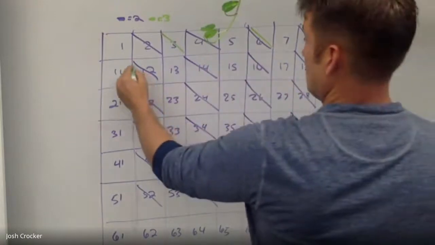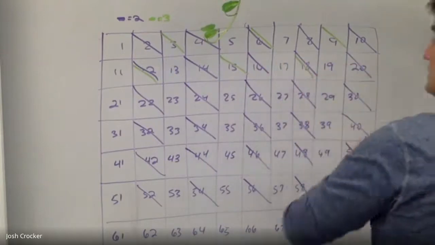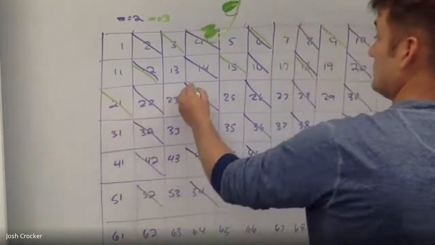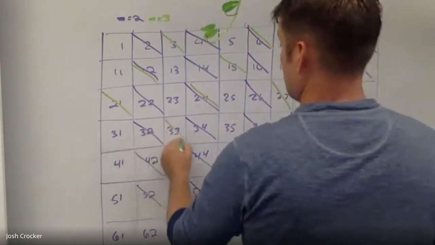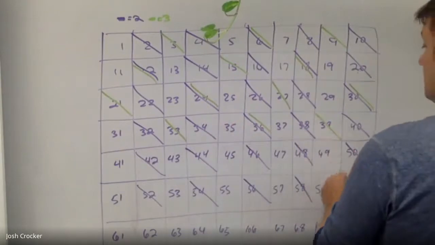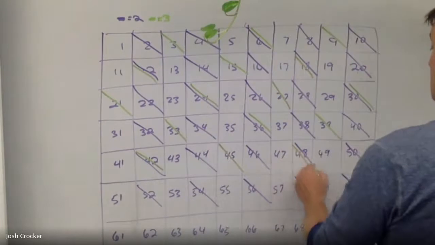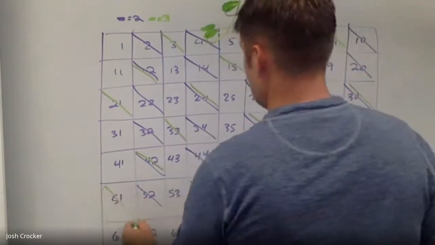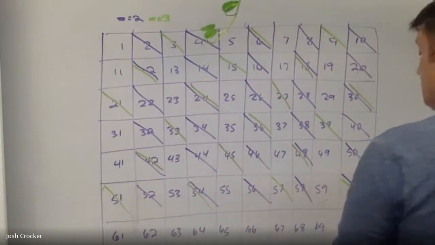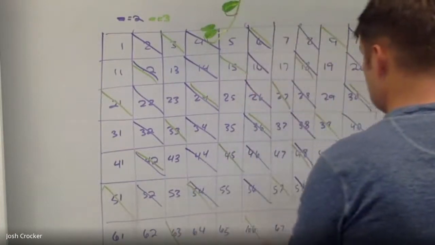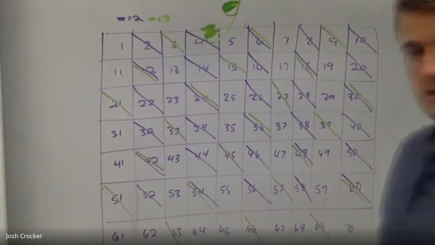Yeah, 3 will go into 12. 15, 18, 21, 24, 27, 30, 33, 36, 39, 42, 45, 48, 51, 54, 57, 60, 63, 66, 69.